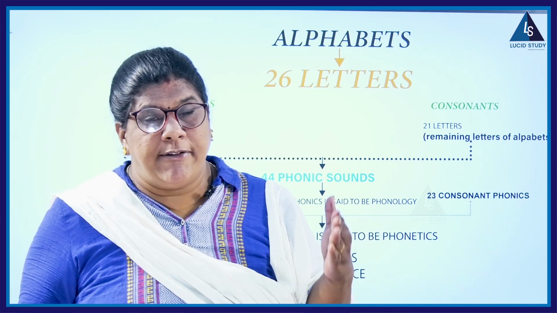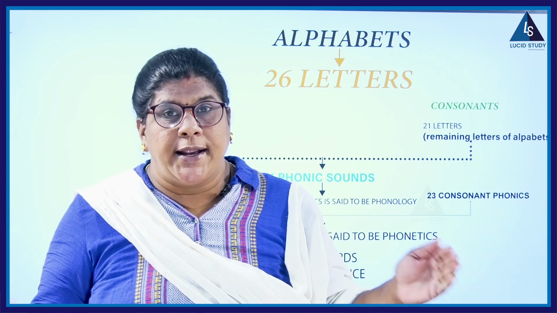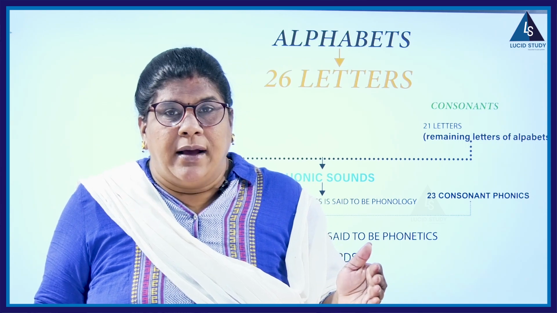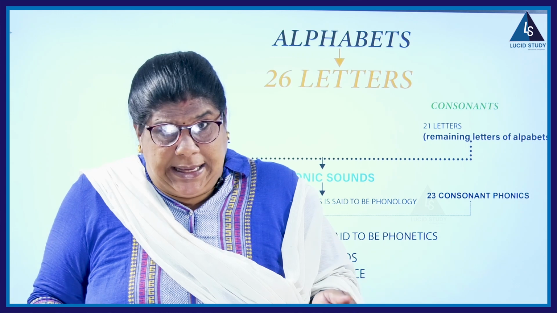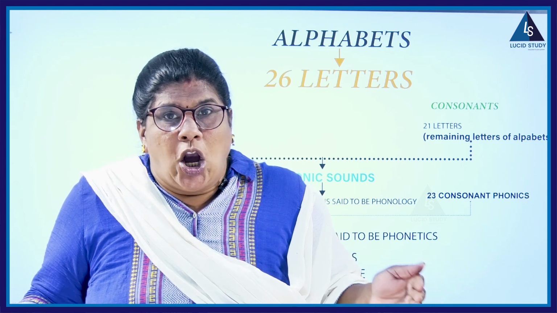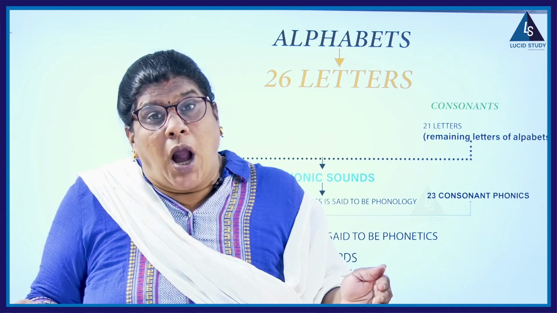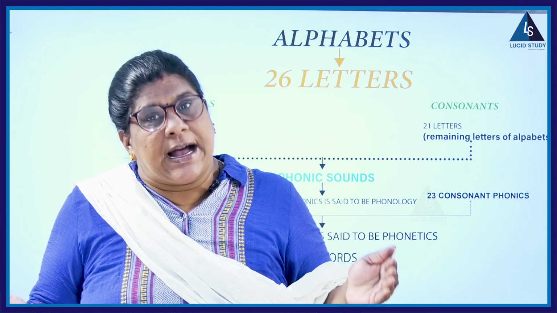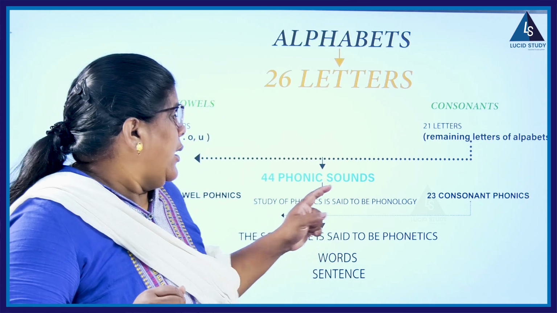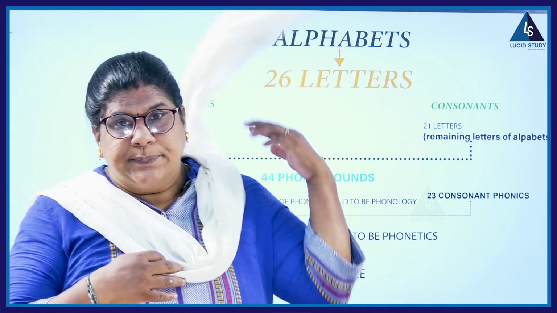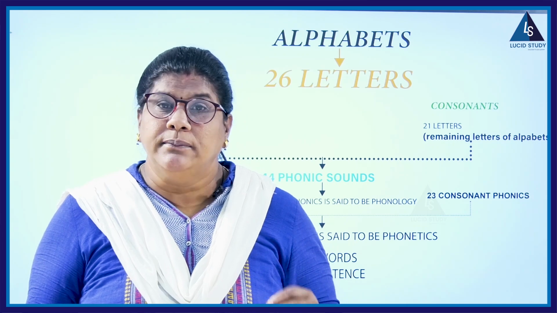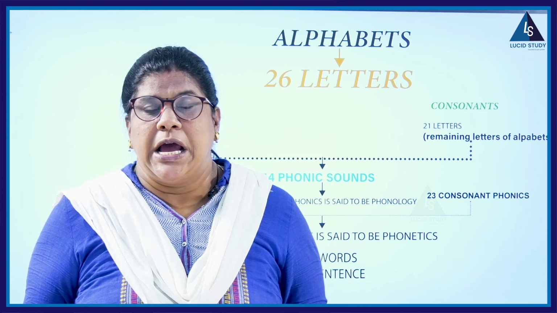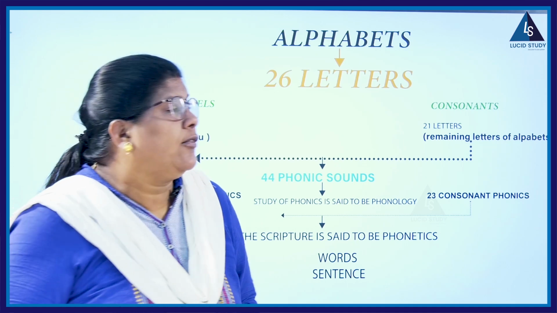For example, when I say vowel sounds, you have both short and long, as a, e, e, o, ow. These are the examples of vowel sounds, vowel phonics. We have consonant sounds like p, n, m. These sounds are produced by your consonants and they are consonant phonics.